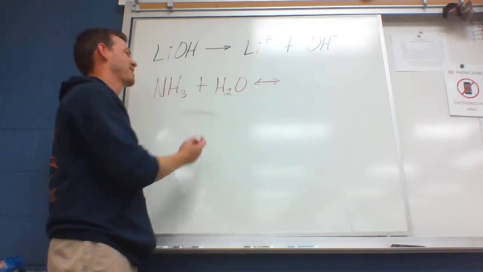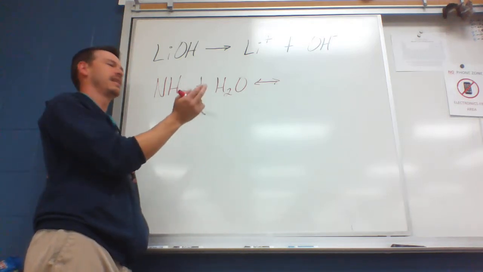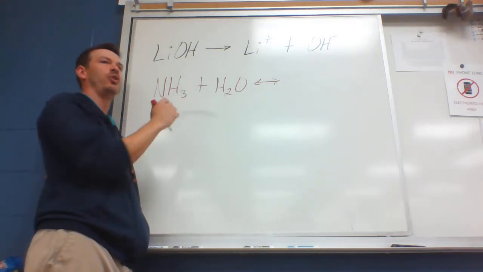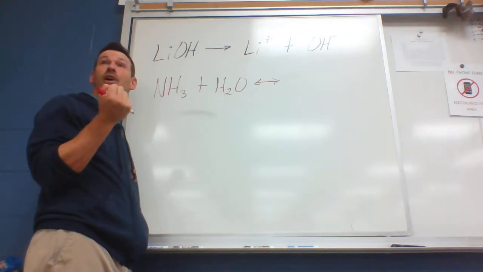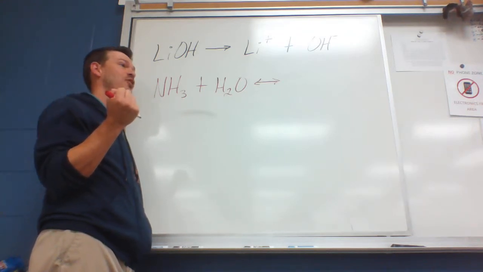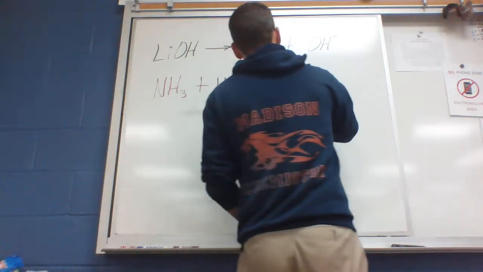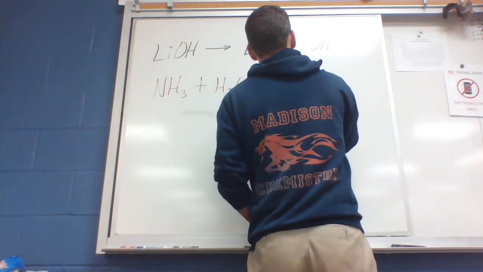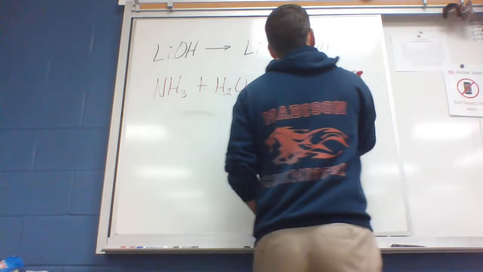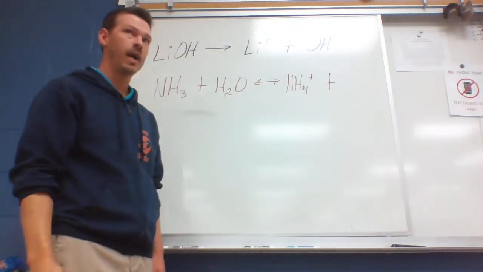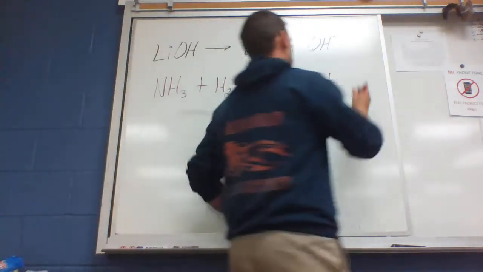So we do have a Bronsted-Lowry situation here, and as we know, bases like to accept protons. All right, so for that NH3, if we're going to give him an H+, what will that make him? Yeah, ammonium, exactly. And then what will water do if he gives away that H? Hydroxide.